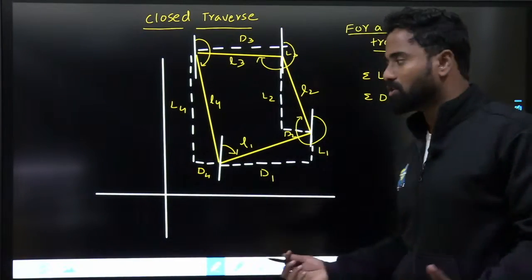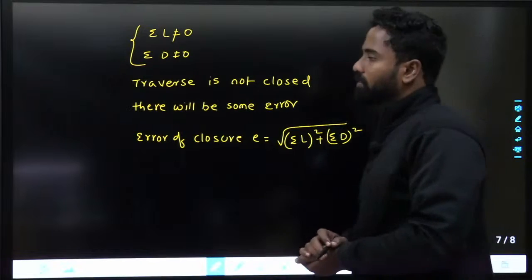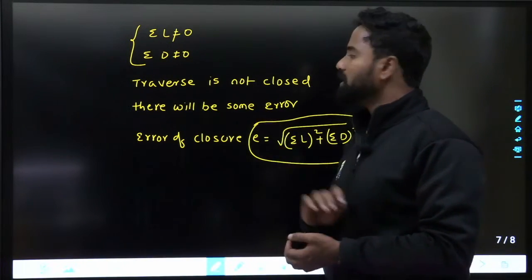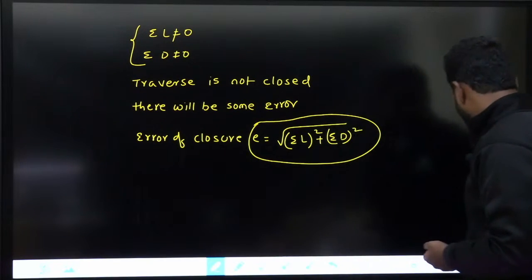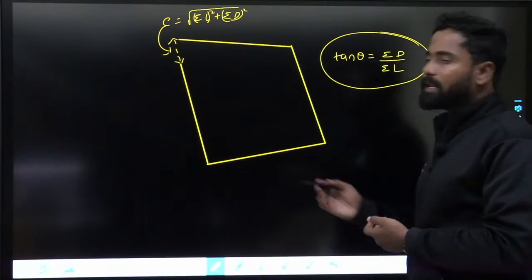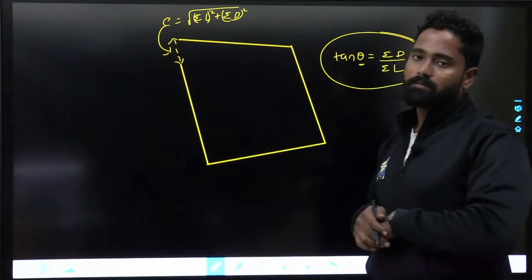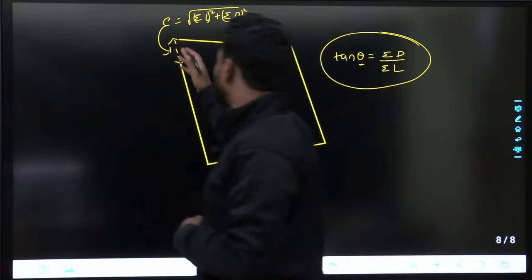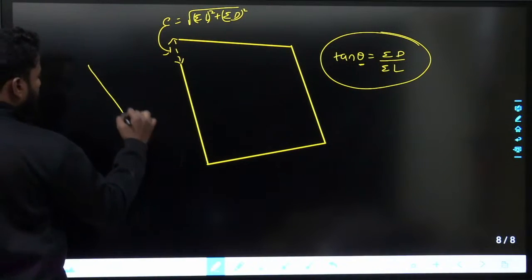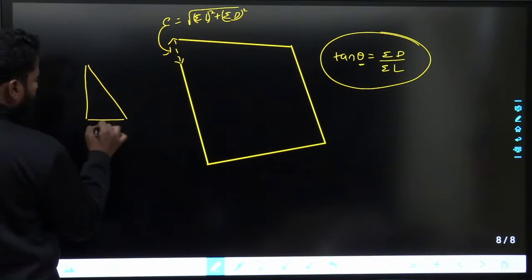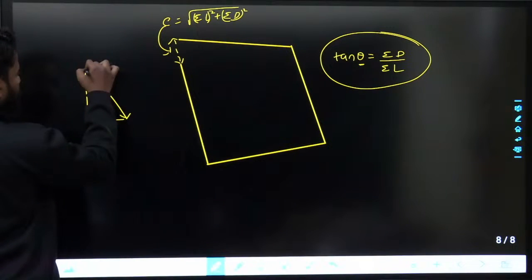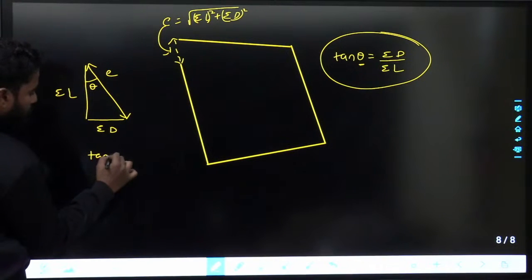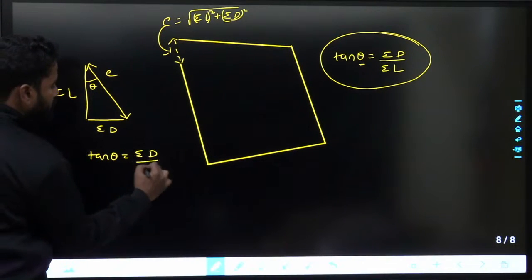If it is not 0, then the traverse is not closed, and there will be an error of closure, given as the square root of sigma L square plus sigma D square. The bearing of that error is tan theta equals sigma D upon sigma L. If this is the error E, this is sigma D, this is sigma L, then tan theta equals sigma D upon sigma L.